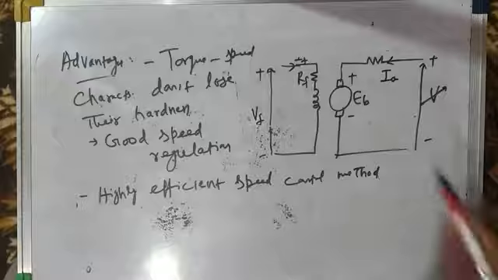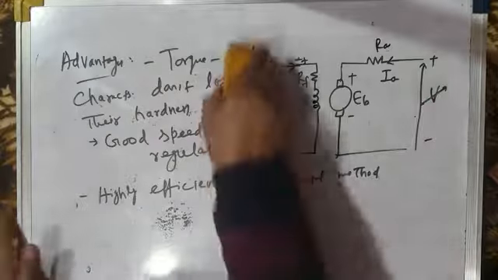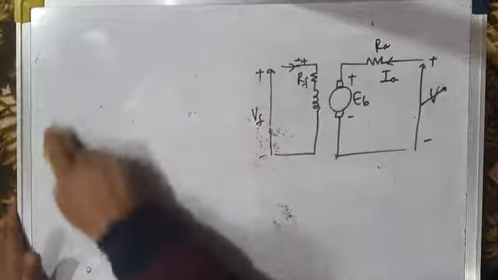So that's why this method of speed control has got high acceptability in industries. In industries, there are many applications where speed control is required, right? Like in steel rolling mills, woodworking machines, cloth winders, similarly in lifts, in electric vehicles, in electric traction, speed control is required.